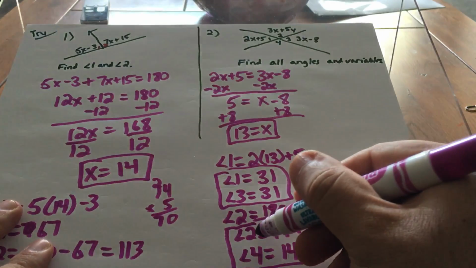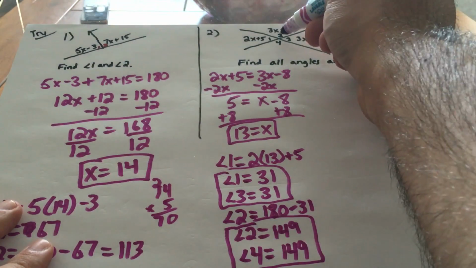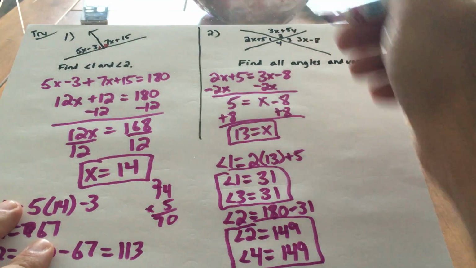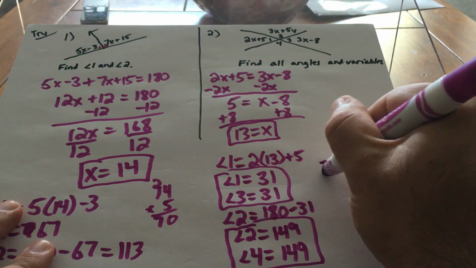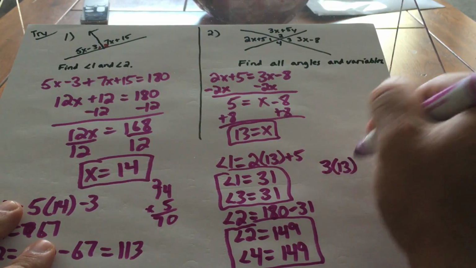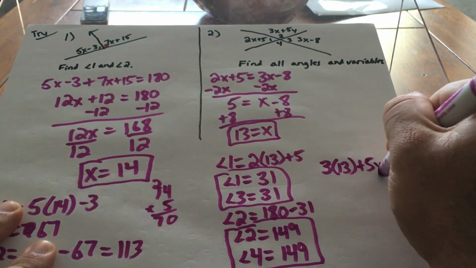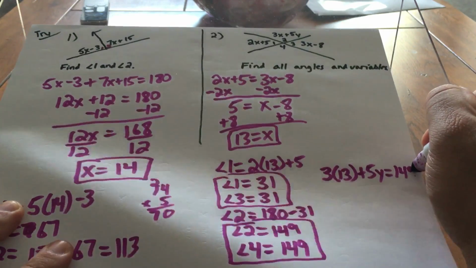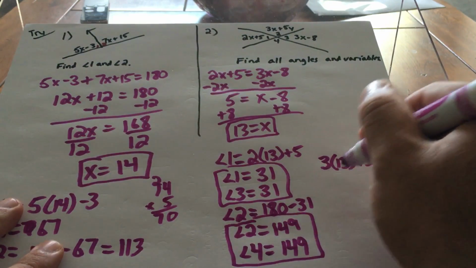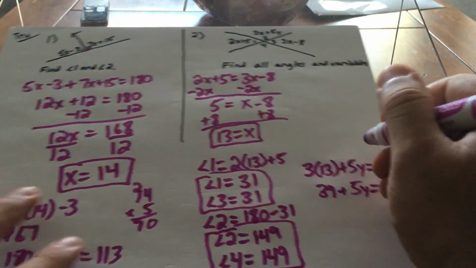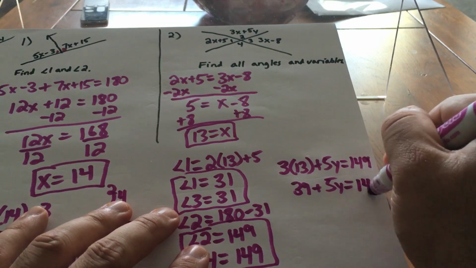All right, so we discovered down here that angle 2 is 149. So this whole angle is 149. We can take this expression and set it equal to that. So 3 times x, we found x to be 13, plus 5y is equal to 149. Okay? So 3 times 13 is 39, plus 5y is 149.